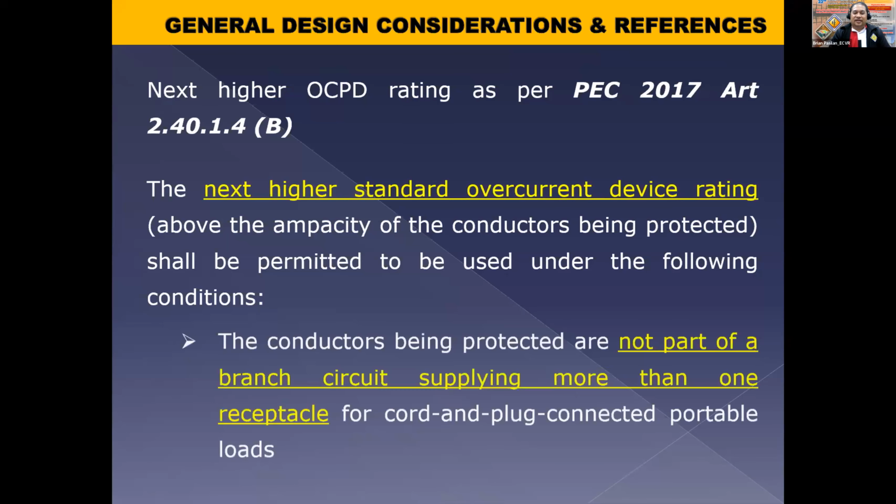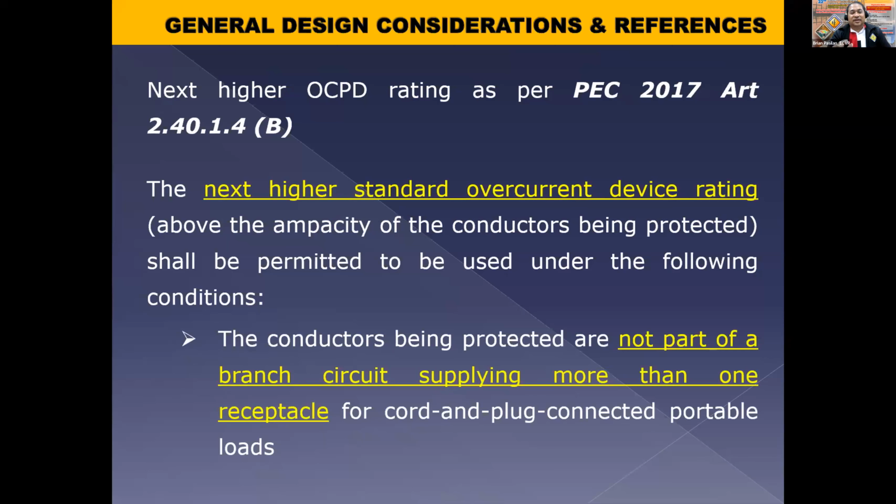The advantage of the next higher standard rating is that it is less susceptible to nuisance tripping. But again, we have to be careful because there is a tendency that our circuit will not be protected since it does not match. That is why we have these conditions.